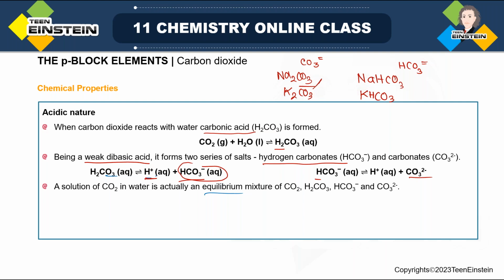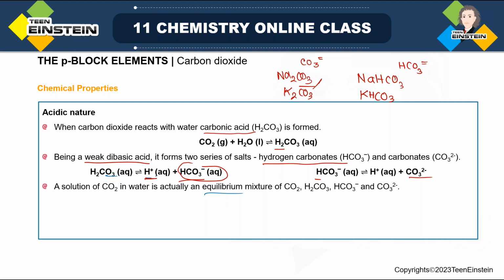If you look at the value of its dissociation constant, then it will be more clear. It is not very high, so don't expect it like HCl or H2SO4, where it is 100% dissociated in water medium. But now it is not so. So that is why there will be all these four species.